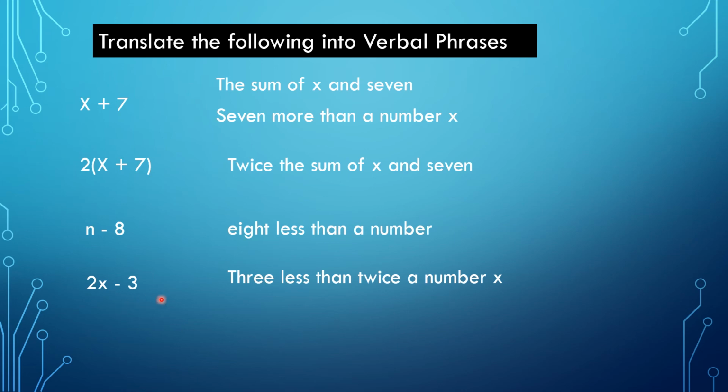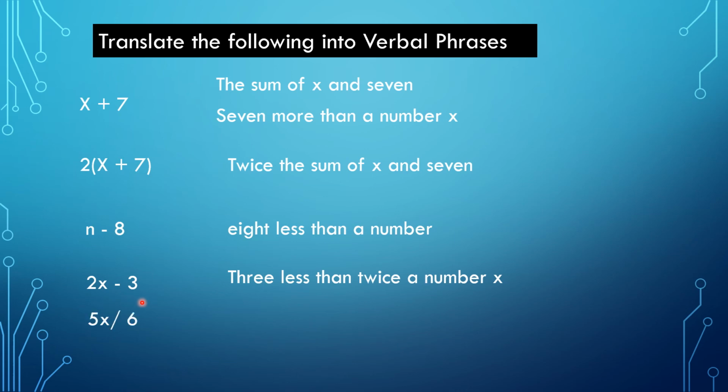The difference of 2x and 3. You can say it that way. Or 2x decreased by 3. Or twice a number decreased by 3.